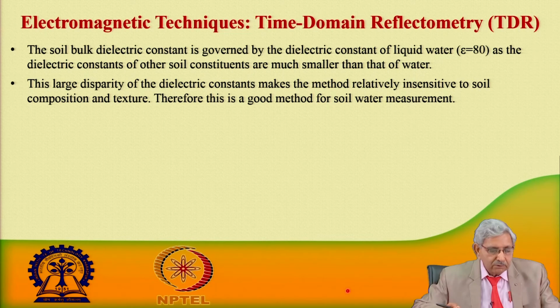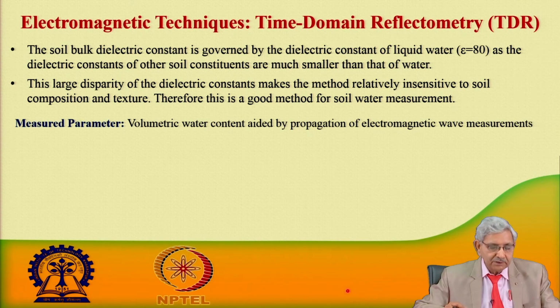The soil bulk dielectric constant is governed by the dielectric constant of liquid water, which is 80, while the dielectric constant of soil is much less, around 0 to 4. This large disparity makes the method relatively insensitive to the composition of soil texture.